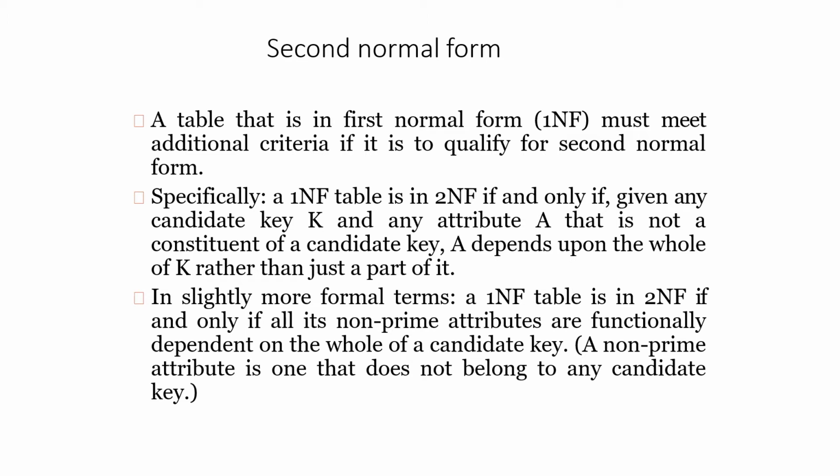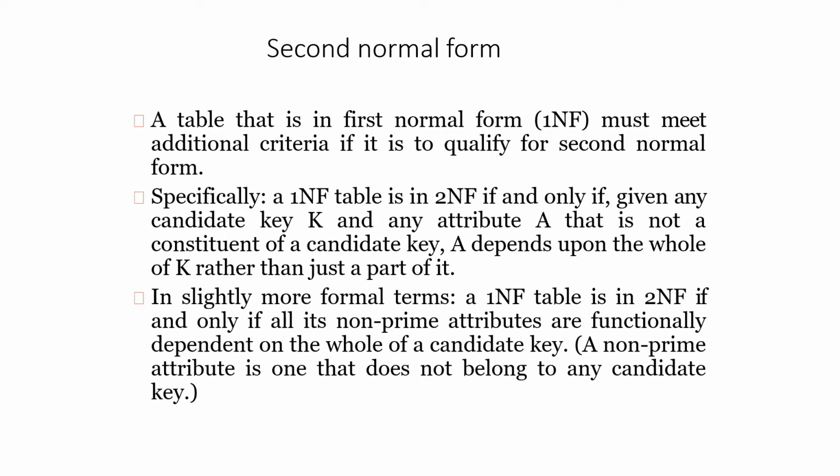In slightly more formal terms, a 1NF table is in 2NF if and only if all its non-prime attributes are functionally dependent on the whole of a candidate key. That means the candidate key should functionally determine all the non-prime attributes.